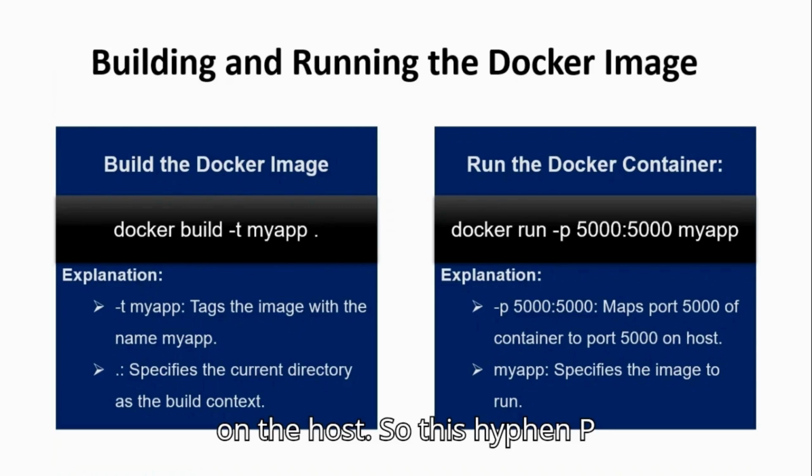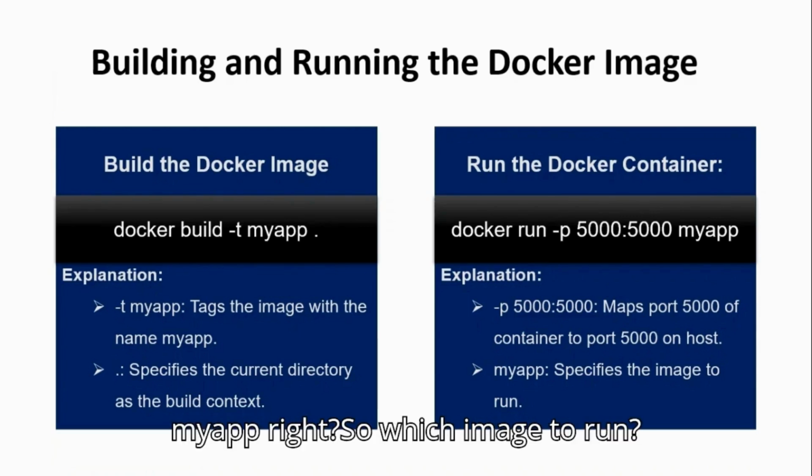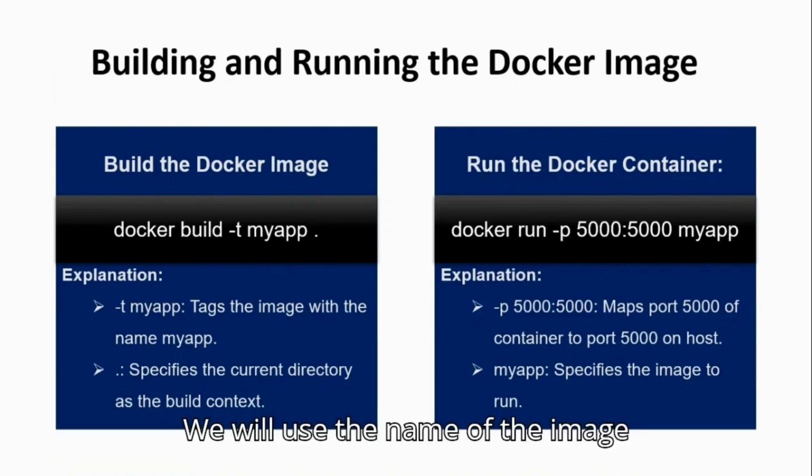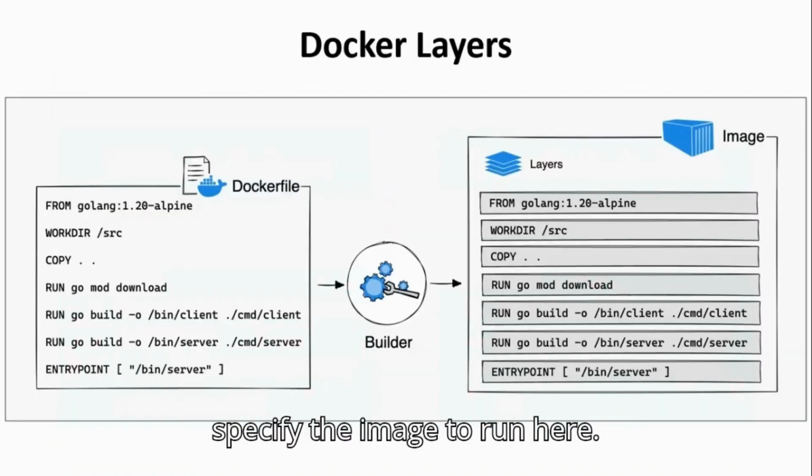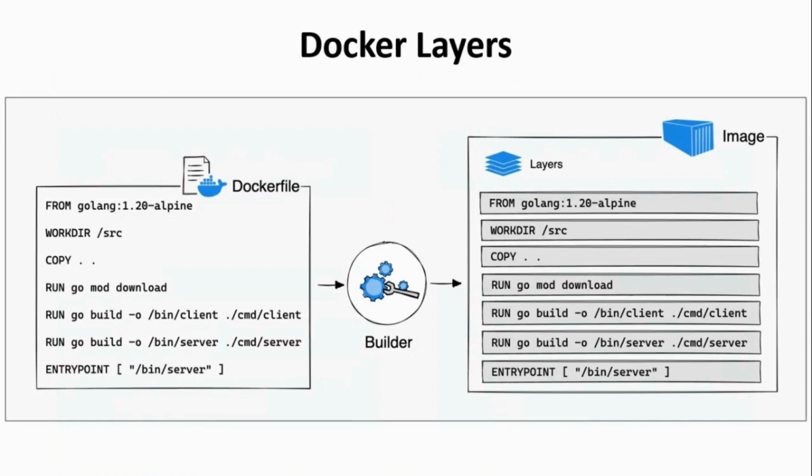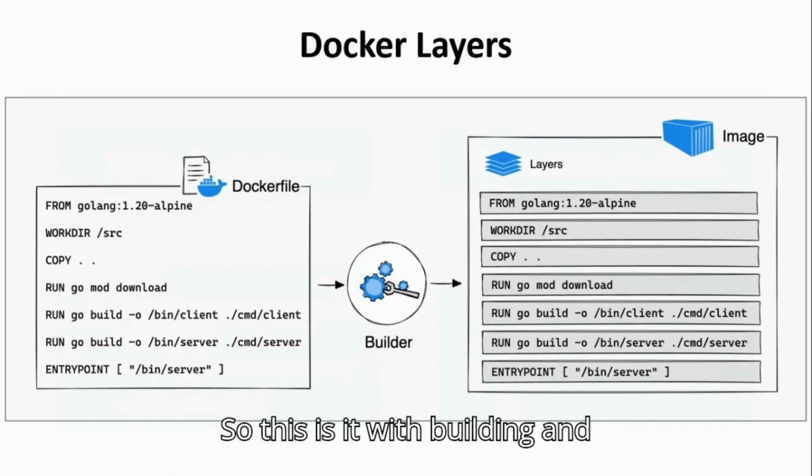So -p indicates port. Next, we have myapp. Earlier we tagged our image as myapp, right? So which image to run? We use the name of the image in the docker run command. We specify the image to run here. So that is it with building and running the Docker image.